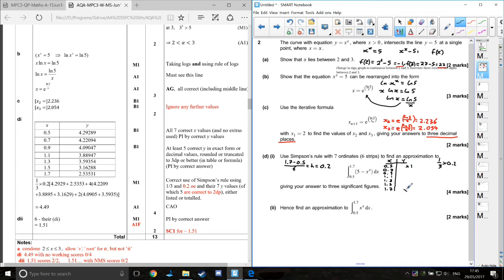The last value multiplied by 1. And as I said before, everything else gets multiplied in alternating 4, 2, 4, 2, 4, 2. And it always starts 1, 4, ends 4, 1.